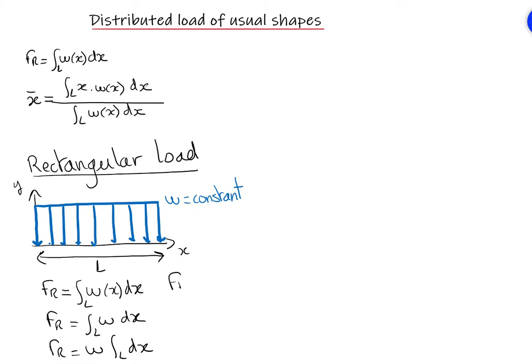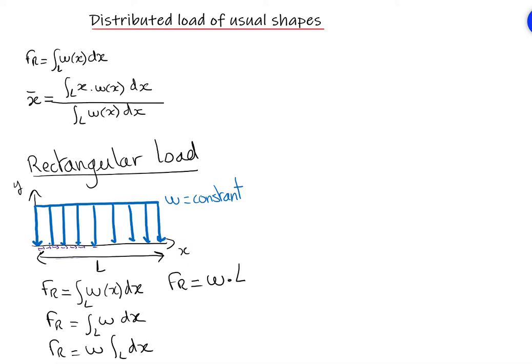So finally, FR is equal to w times the integral of dx on L, which is just L. It's like we add all the little dx together, and at the end what we have is L, the length L.